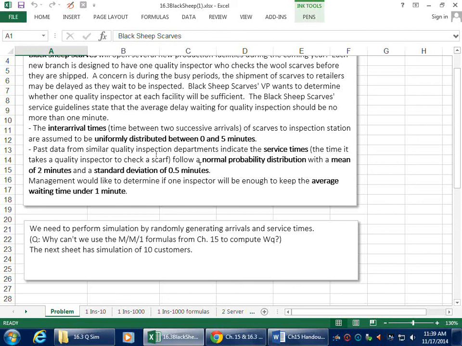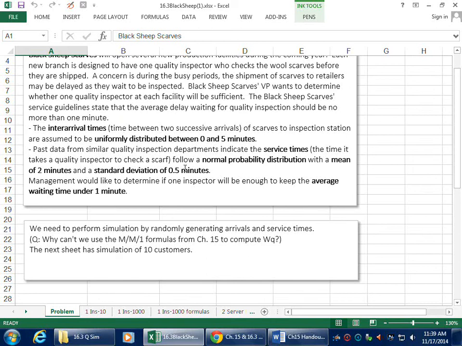We're also told that the service time, how long it takes to inspect one scarf, has a normal distribution with a mean of 2 minutes and a standard deviation of 0.5 minutes. So you have two random variables here, the interarrival times and the service times.